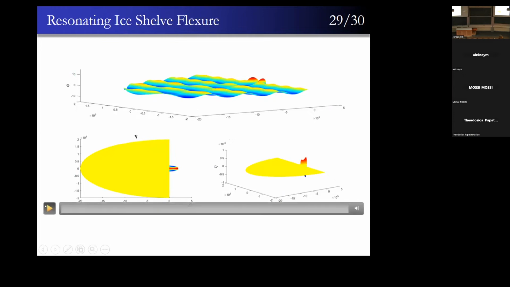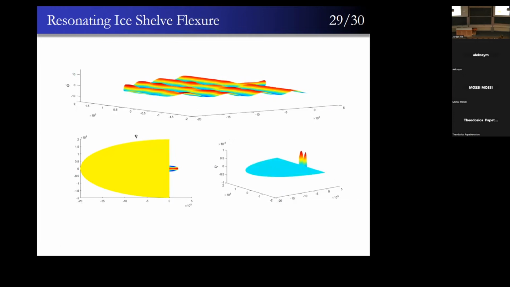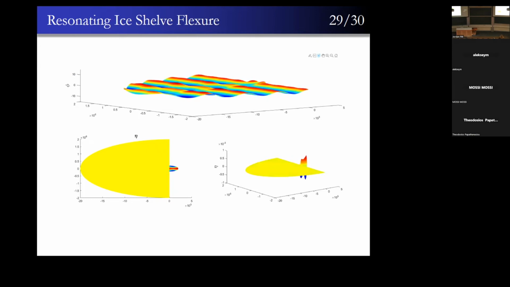I have here a small movie. This is a frequency in between 2 frequencies, so they are both excited. In the upper part, we see the velocity potential, and in the lower part, a movie of the deflection of the ice shelf, a combination of the 2 modes that we discussed previously.